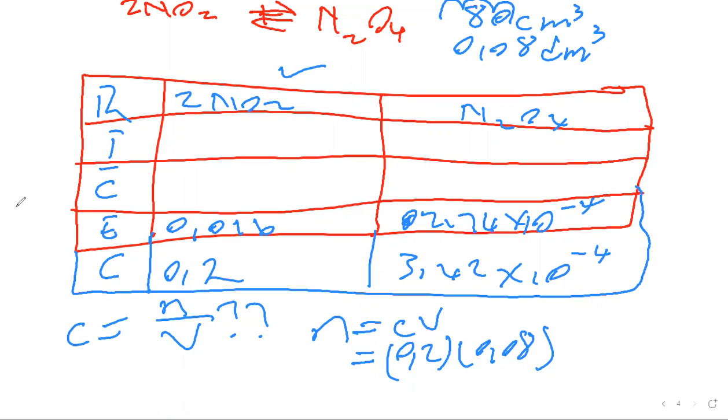So this 0.016 is for NO2. So we get the number of moles at equilibrium. How do I know? Okay, good question. I used the concentration at equilibrium multiplied by the volume, so it gives the number of moles at equilibrium, because I used concentration at equilibrium.